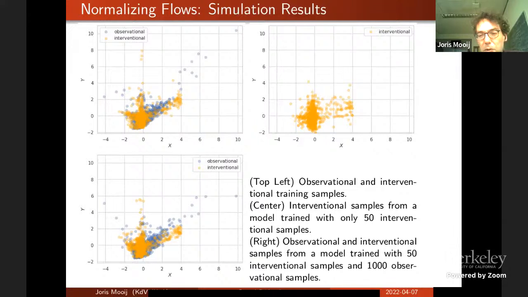What we did was we used the interventional log likelihood as a loss function, and we found that if you're allowed to make use of additional observational samples during training, then you can basically reduce the number of interventional samples that you need by a factor of 2, roughly, without sacrificing the accuracy of your reconstruction. So that is also, I think, quite promising, even though we don't really understand what this method is doing. It's also a bit of a black box. But this also looks quite promising, I think.